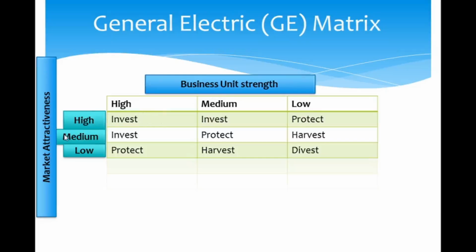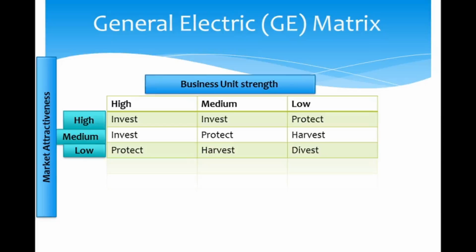If the market attractiveness is medium and the strategic business unit strength is high, it still remains invest. But if the market attractiveness falls low, then the strategy which can be implemented is protect. So based on the market attractiveness and the business unit strength, whether it is high, medium or low, different strategies are suggested for that strategic business unit. Now what do these strategies mean? Let us try and see.